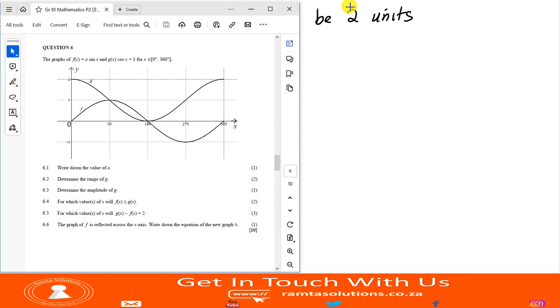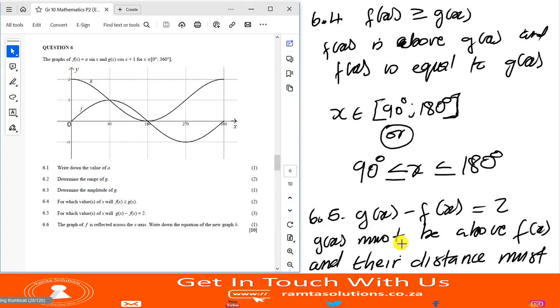All right. So now, where is that, guys? I want you to see this. This is 0. This is 2. Remember, I said g of x must be above f of x. From 0 degrees to 90 degrees, g of x is above f of x, right?